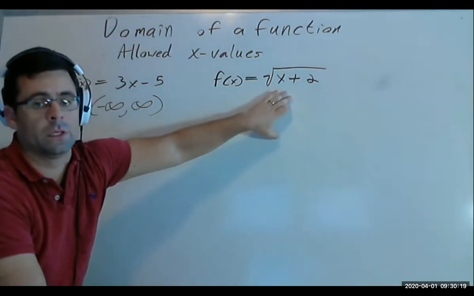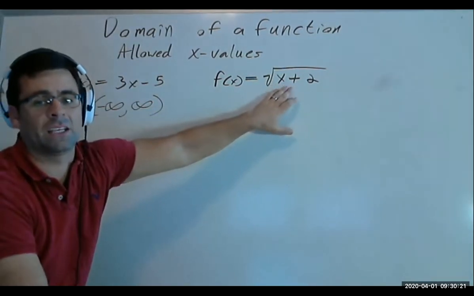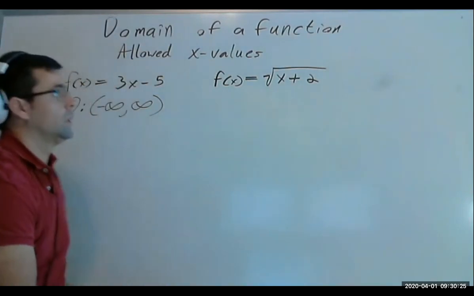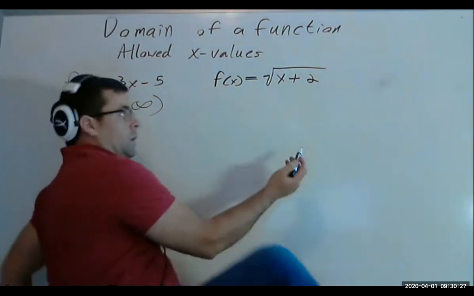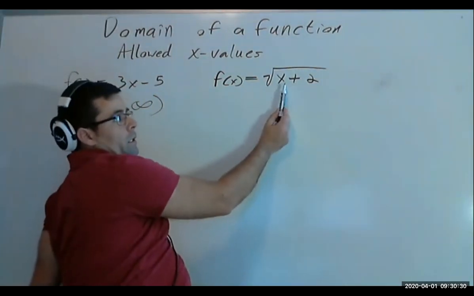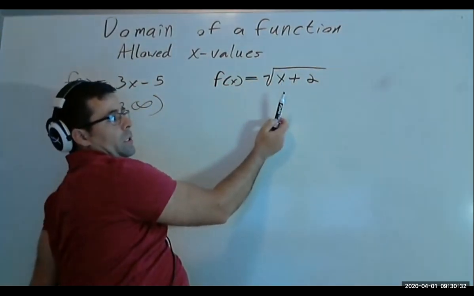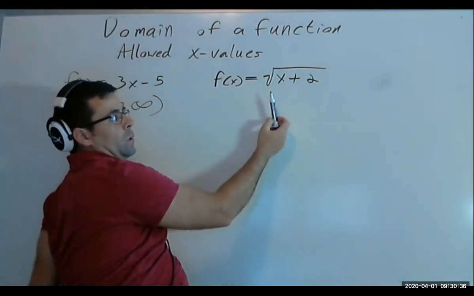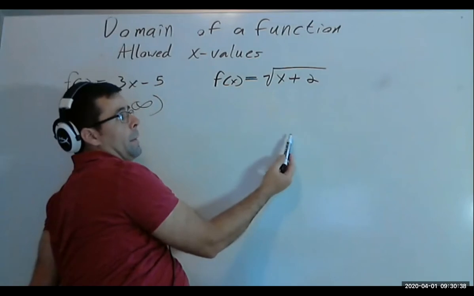So any value that makes this thing less than 0 is not in the domain. So 0 for x would work because that's positive. -1 would work. -2 would work.